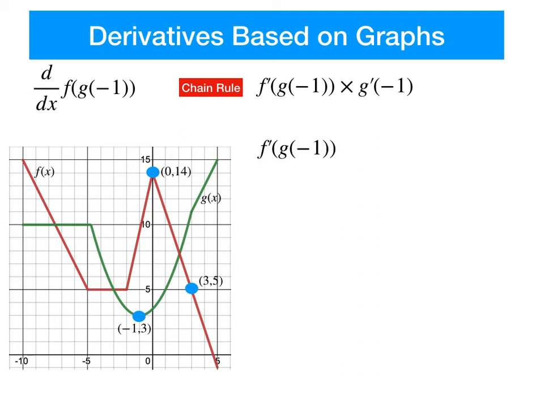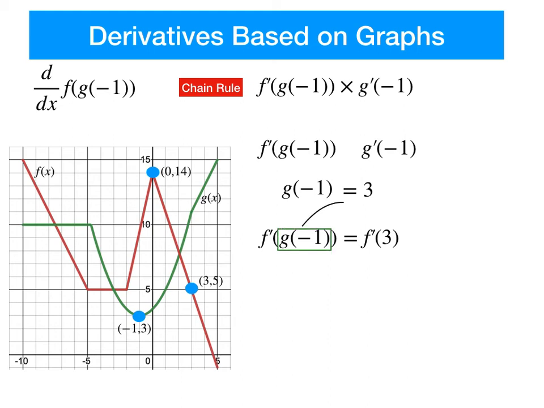So we need to find f prime of g of negative 1, and we need to find g prime of negative 1. In order to find f prime of g of negative 1, we need to find g of negative 1. And g of negative 1 is this point, which is 3.